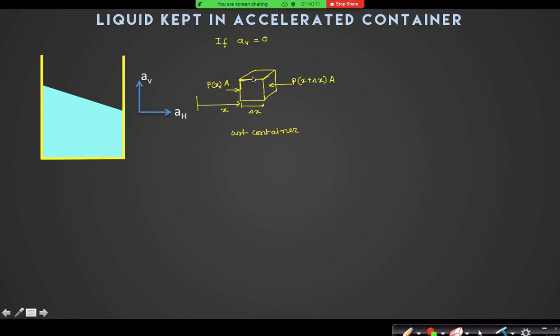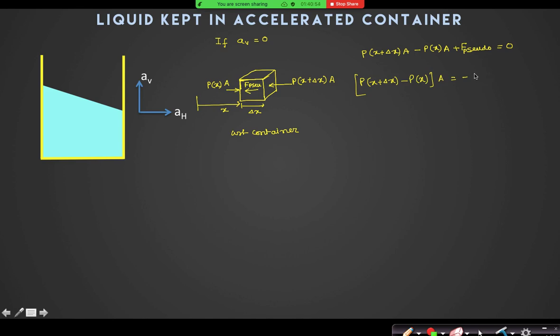If AH is in this direction, the pseudo force comes in this direction. So the equation that I will get is P of x plus delta x into A minus P of x into A plus F pseudo equal to 0. So P of x plus delta x minus P of x multiplied with A is equal to minus F pseudo.